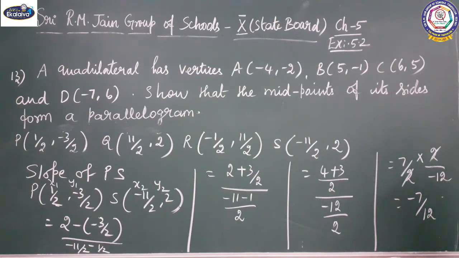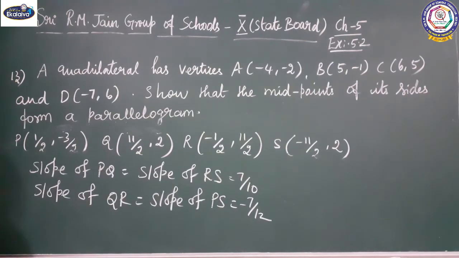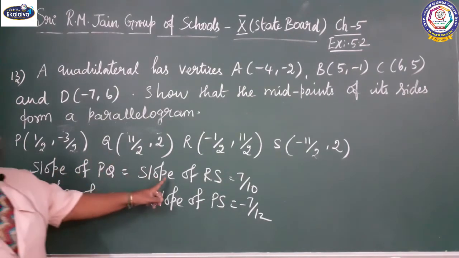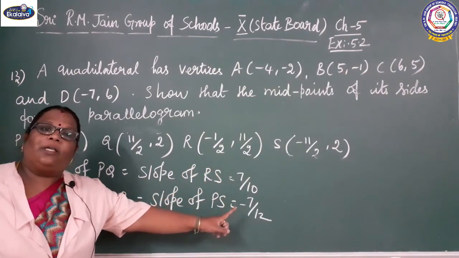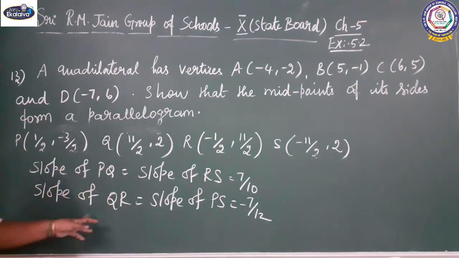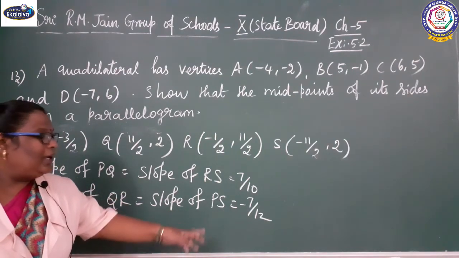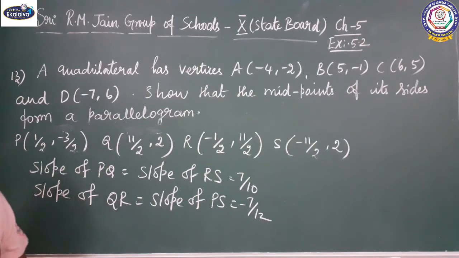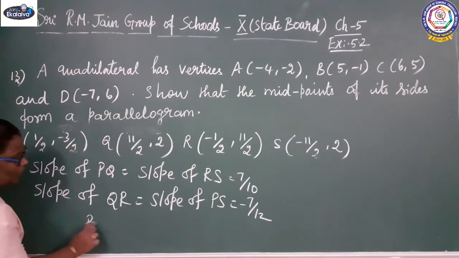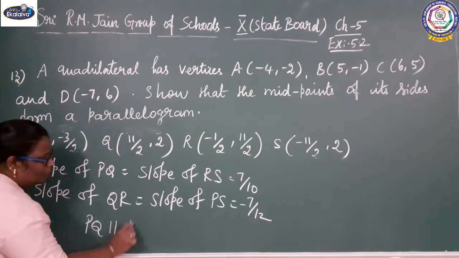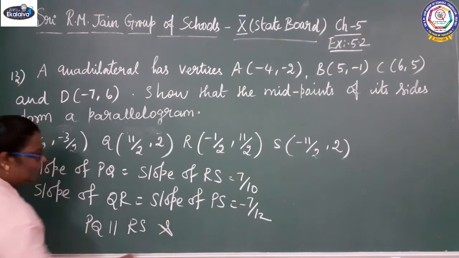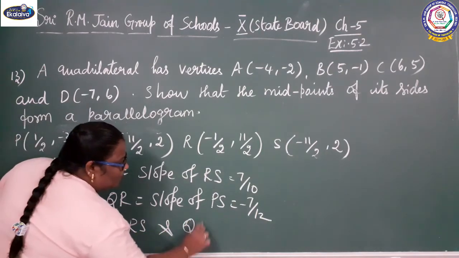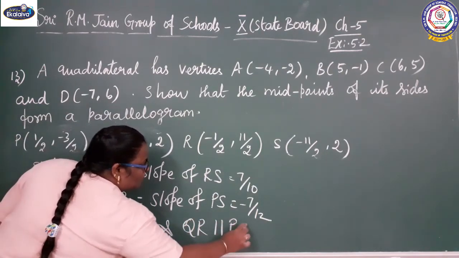See, slope of PQ equal to slope of RS, you are getting the value 7 by 10, and slope of QR equal to slope of PS is equal to minus 7 by 12. If the slopes are equal, then it is parallel, that is PQ is parallel to RS and QR is parallel to PS.